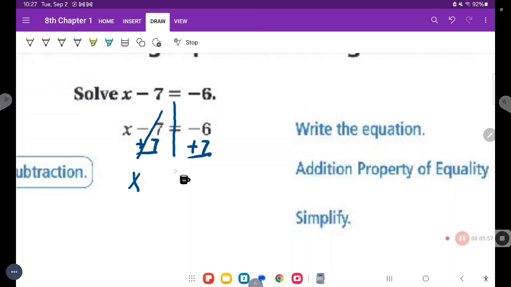You bring down your equals, and then negative 6 plus 7 is going to be positive 1. Okay? So remember, like on our scale, if we're at negative 6 and we add 7, that's going to take us up to a positive 1. Okay?